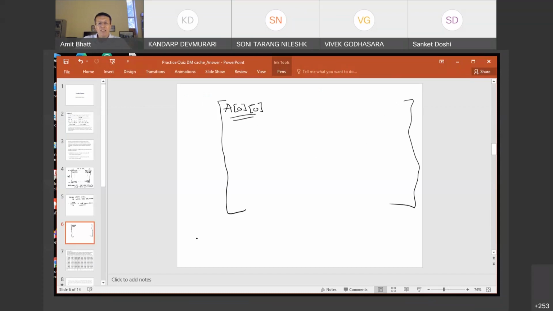But, as we discussed earlier, if this is missing, I need to get this element for the processor.